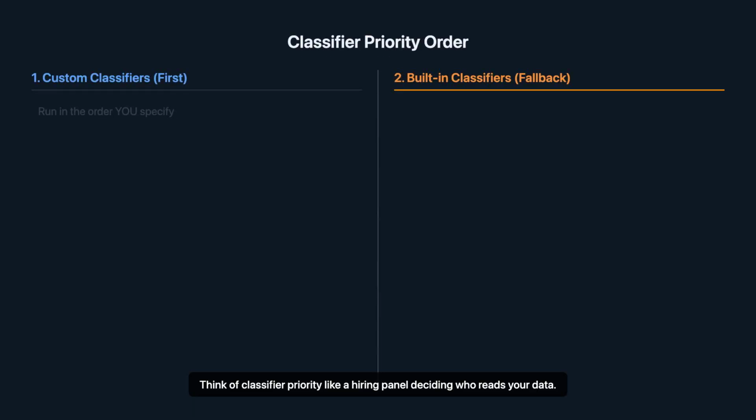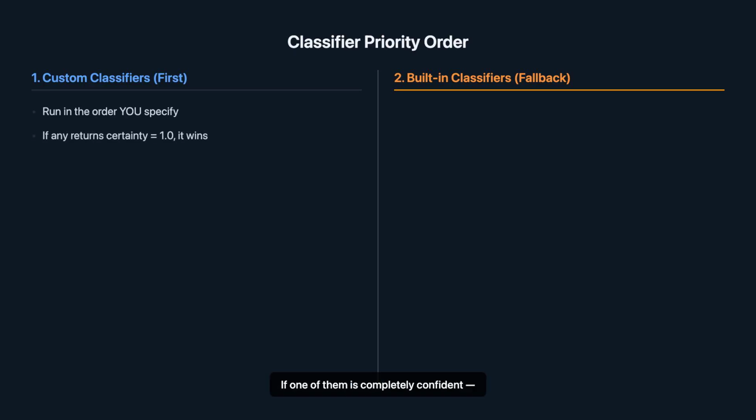Think of classifier priority like a hiring panel deciding who reads your data. Your custom classifiers are the hand-picked specialists, and they interview first. If one of them is completely confident, a certainty score of 1.0, you hire them on the spot and the schema is locked in.